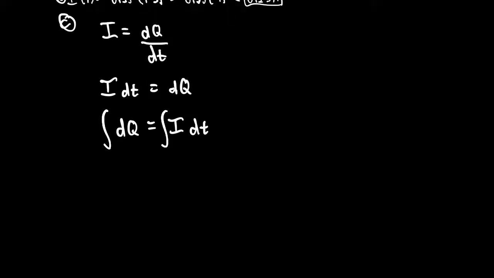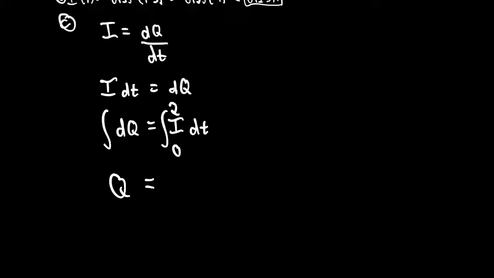So we need variables of integration to integrate over. We need times. What times do we go over? 0 to 2. So we want to know how much charge we build up between 0 and 2 seconds. I integrate the left-hand side and I get the total charge, whatever's been built up over that time.